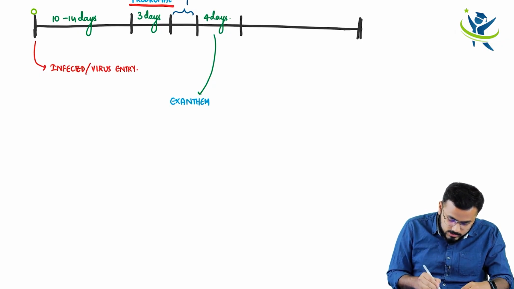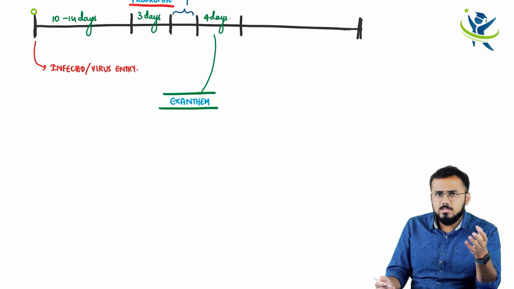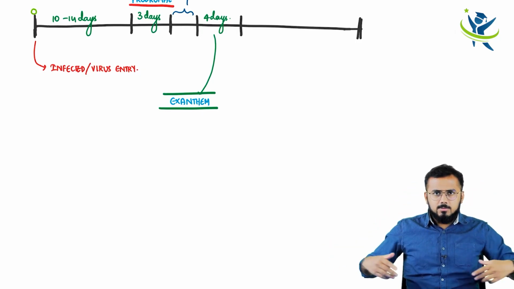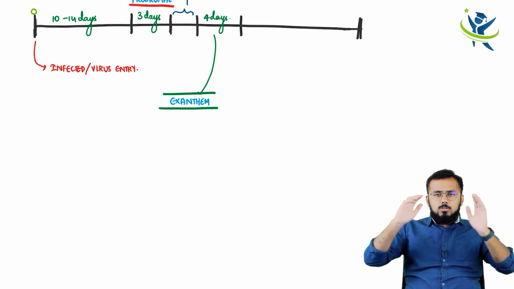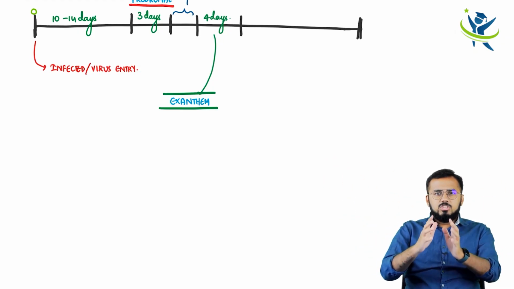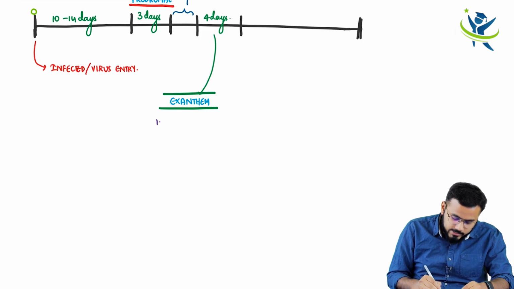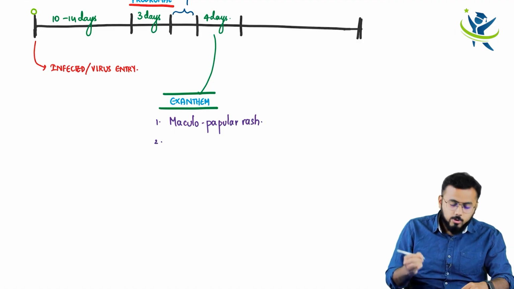Now what is your concept of exanthem, guys? Exanthem means maculopapular rashes that start from the head and come down all the way to the extremities. First they affect the trunk, then they go to the extremities. So from center to periphery, such a maculopapular rash is called a centrifugal rash. Point number 1, it is a maculopapular rash. How is it progressing?